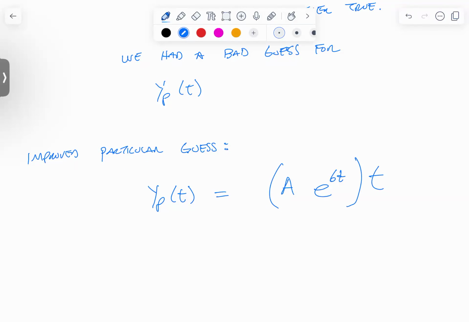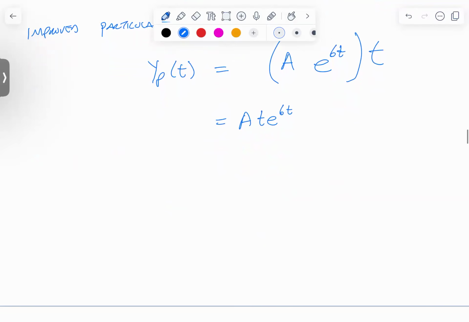Multiply it by a t, and I end up with a t e to the 6t. I can then go through and solve for y prime of t and y double prime of t, and I would end up getting a equals 1/8.